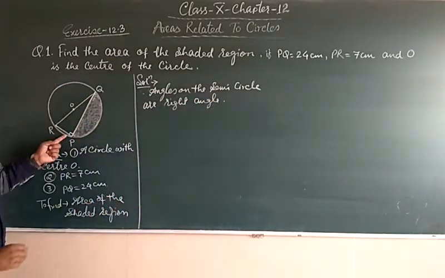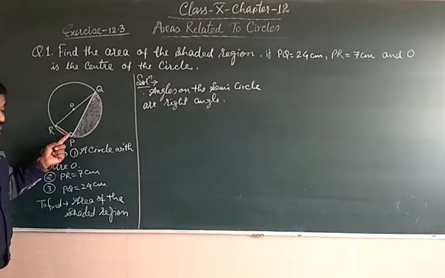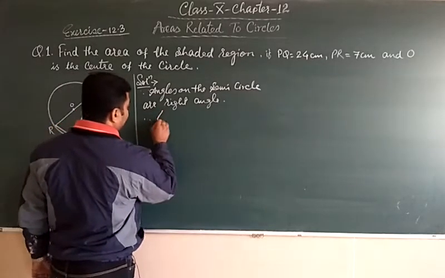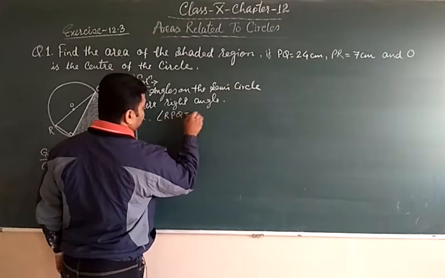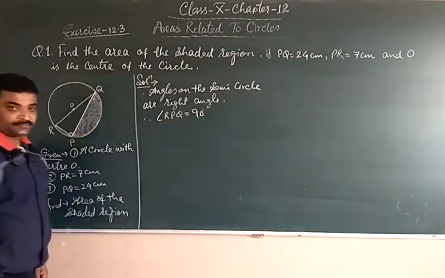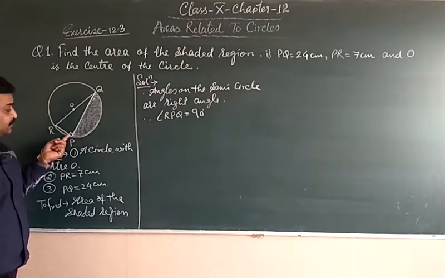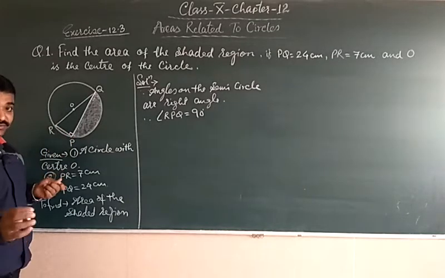See, here this angle is on the semicircle. So angle RPQ is equal to 90 degrees, and in this triangle this is the right angle. So we can apply the Pythagoras theorem here.